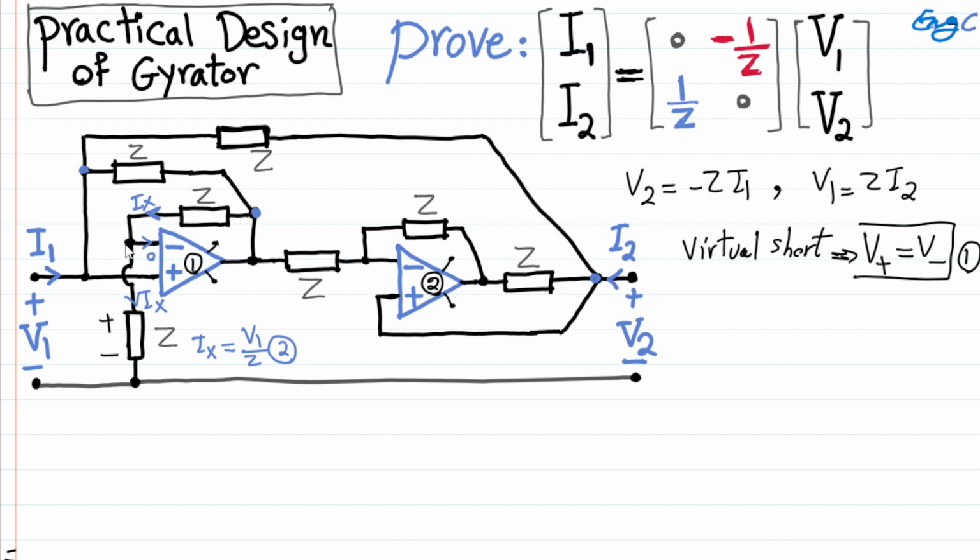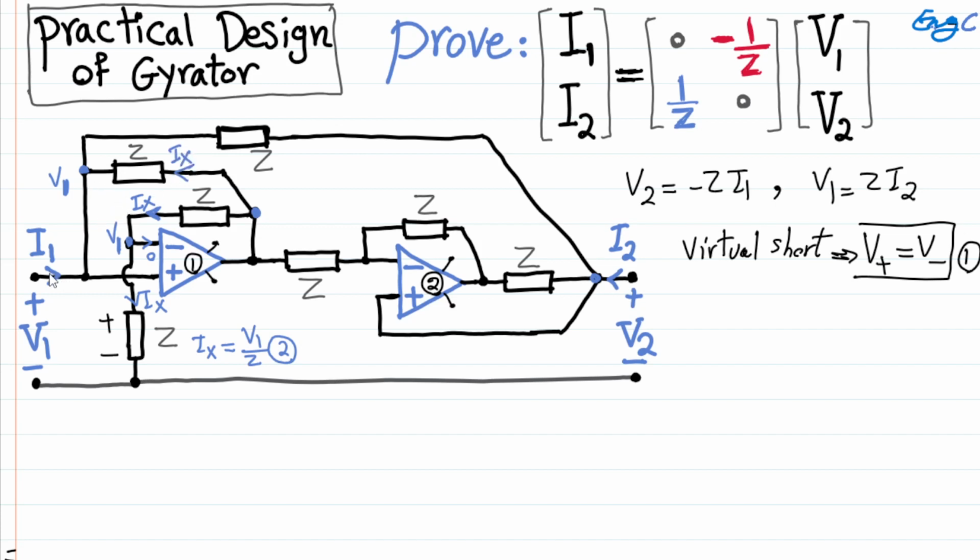And on the other side, the voltage here is V1 because of virtual short, and V1 is also here. So this impedance Z and this impedance Z are the same value, and at the same time they have the same voltage drop across them. Therefore, whatever current is going through this lower one should go through the upper one as well. So here we have Ix as well.